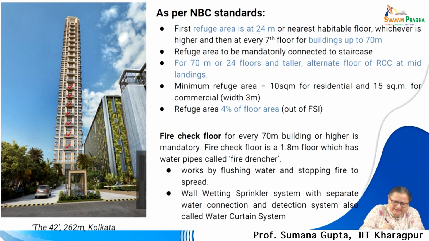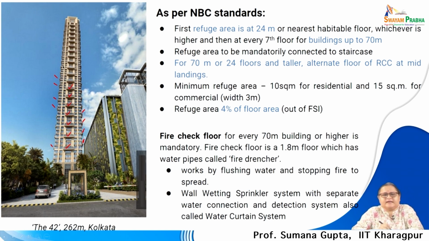Also on this side, here there is a balcony, on this level here there is a balcony, and also on this side you can see a balcony. So, what has happened?